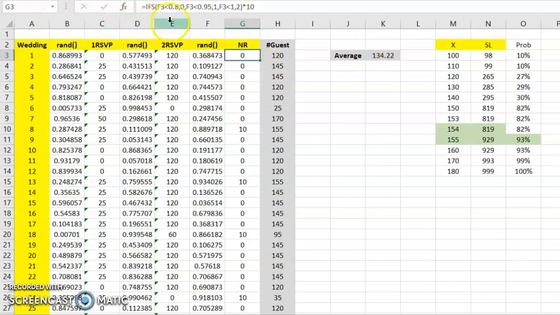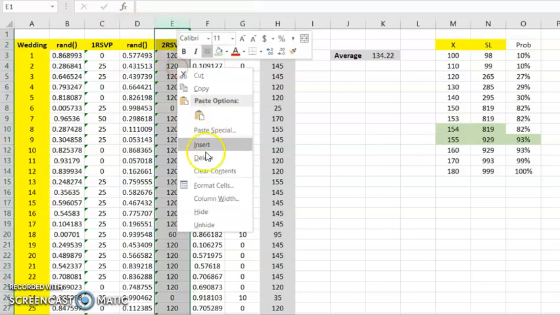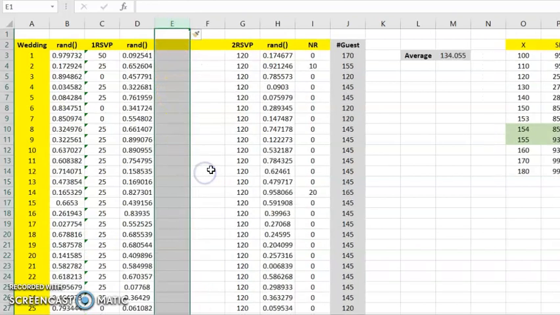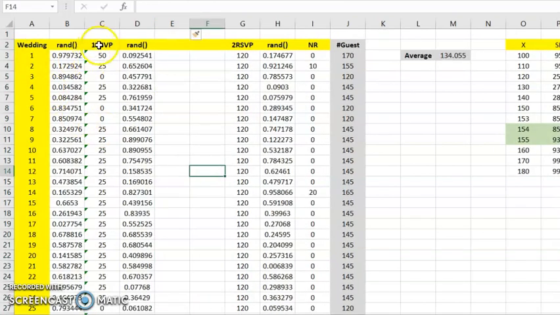So what we are gonna do is this, and of course I'm gonna pause the video so you can do it, but I'm gonna tell you about the process. See, here we have one RSVP, and they are from the category of one RSVP that we have 25.